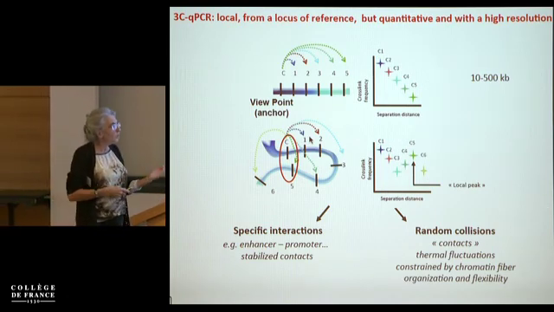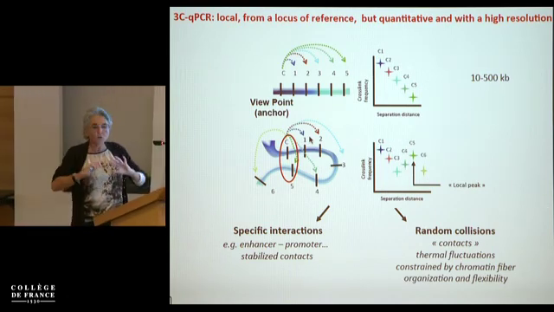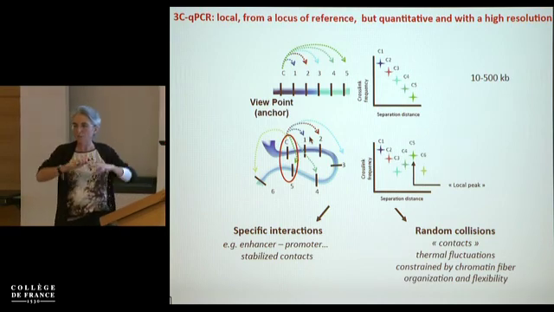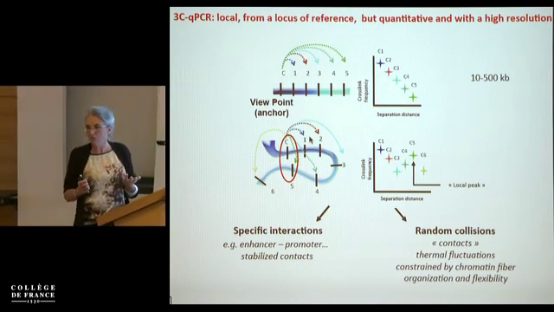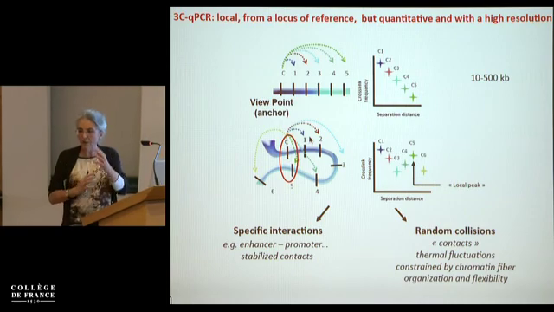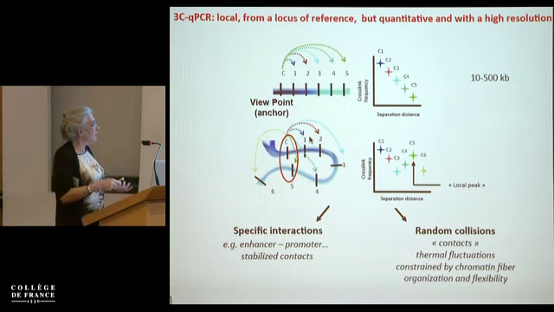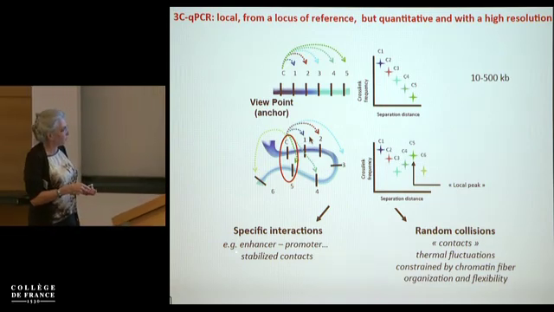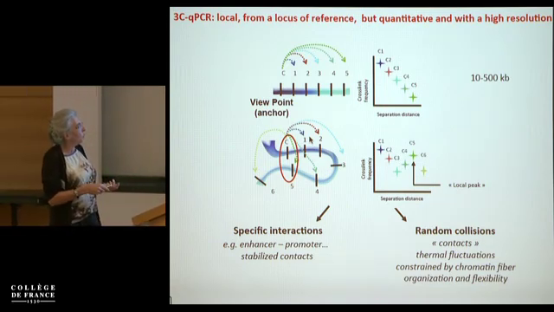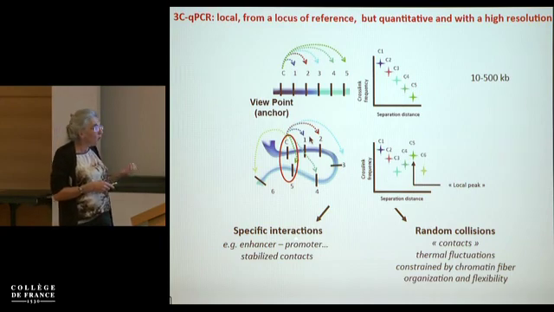So this is the interplay between the generic physical properties of the chromatin fiber and its flexibility, for instance, constraining the shape, constraining the possibility of some sites getting close to one another. And you have the involvement of specific partners, specific bound proteins, which create what can be called interactions.